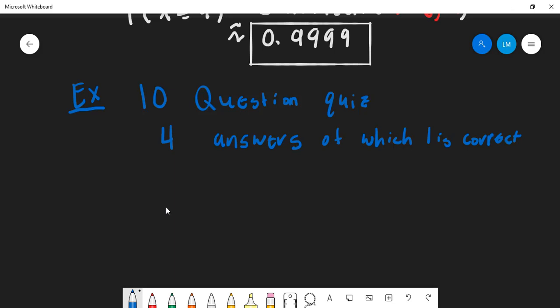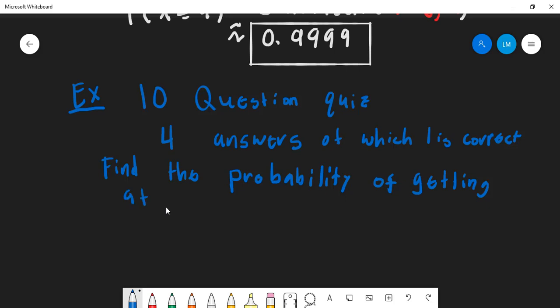So let's say that we want to find the probability of getting at least 6 correct.